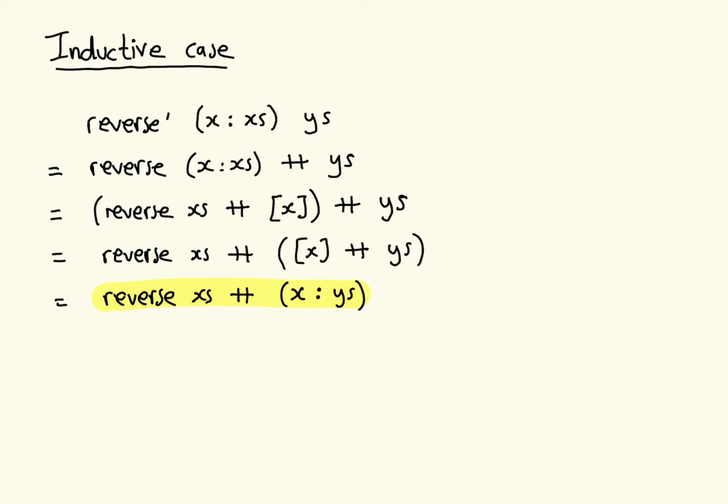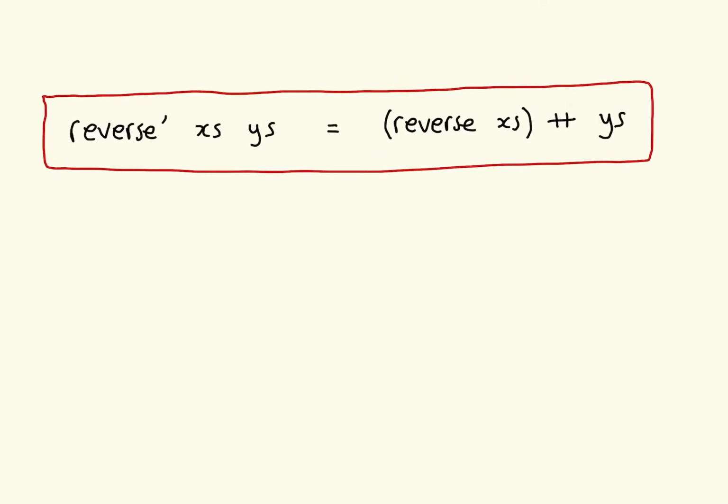But at this point, I remember that I'm doing an inductive proof or an inductive calculation. So in particular, I'm allowed to assume that the property which I'm trying to prove is already true for any argument list x's and any argument list y's. And if you look at this part here, this is exactly what we have in our calculation.